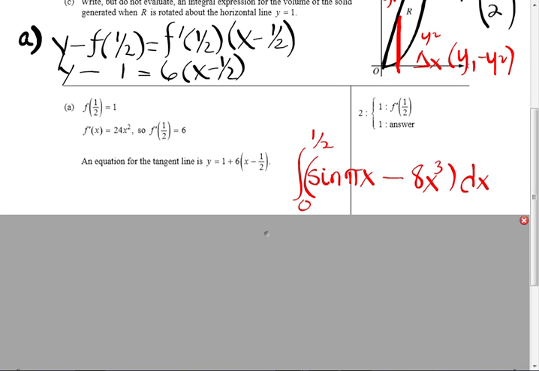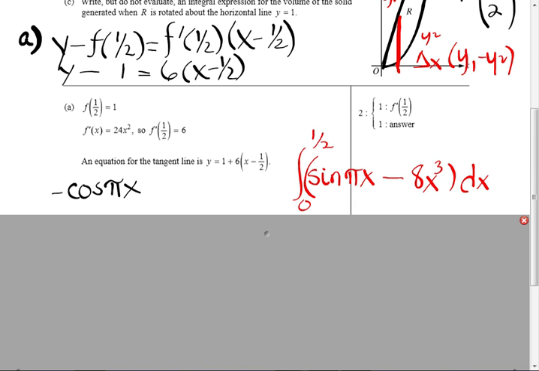Now, the next question is, do you know how to integrate the sine of pi x? What's the antiderivative of the sine? Negative cosine of pi x. Now, check. What is the derivative of the negative cosine of pi x? Positive sine of pi x times what?